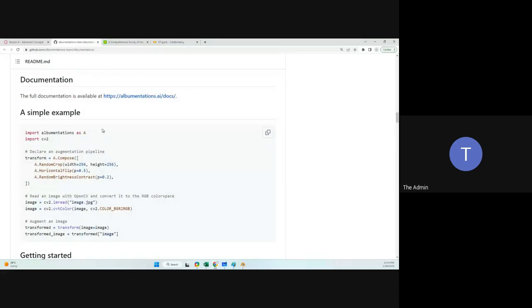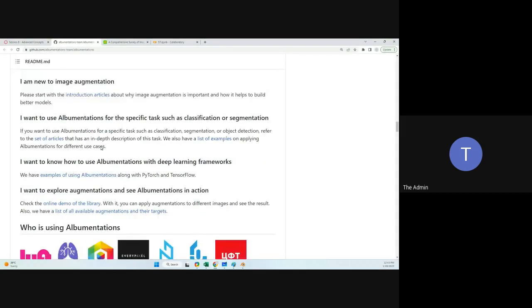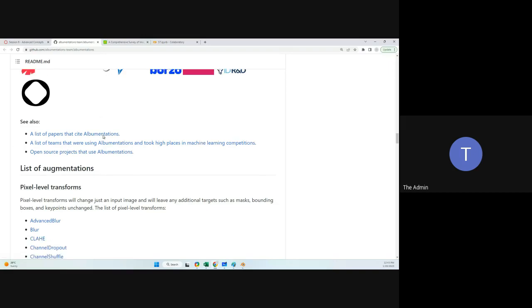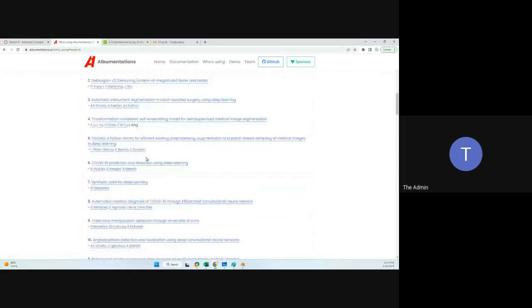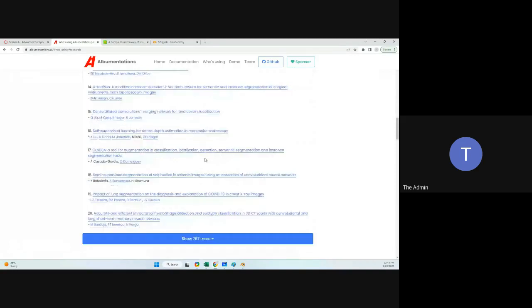Install, transform. Oh, okay. This is going to be part of your data loader, or just before you send it to your data loader. Okay, all of these papers also cite that, and if you want, you can go to one of these papers and look at the code, and you get a lot of examples of how to use albumentations.